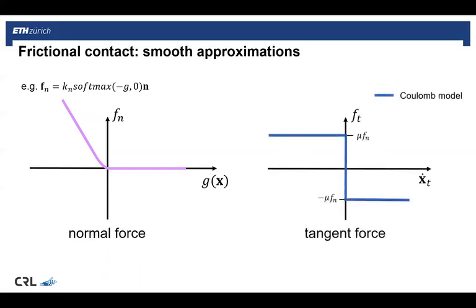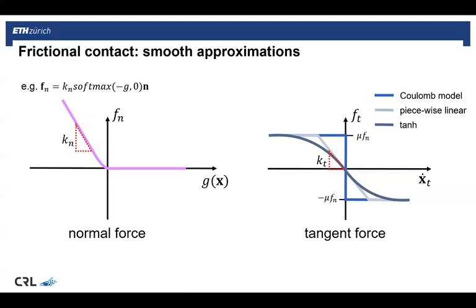Now, similarly, if we're looking at the friction force that's given by a Coulomb model, well, we can come up with all sorts of approximations that capture the nature of this force, but allow us to also take derivatives. So we can come up with piecewise linear or tanh or sigmoid functions that, if we control the stiffness of these different forces, in the limit, get arbitrarily close to the physical phenomenon that we are trying to model.